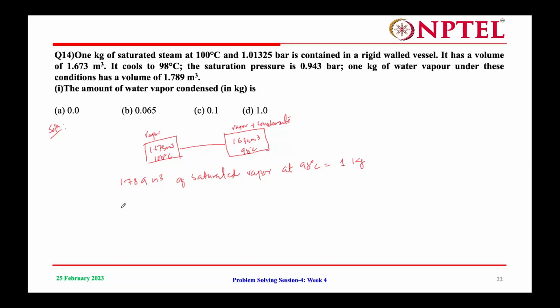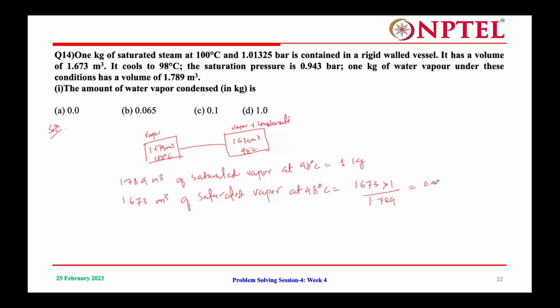And similarly for 1.673 meter cube of vapor at 98 degrees Celsius. So here is the cross multiplication. 1.673 into 1 divided by 1.789, right?